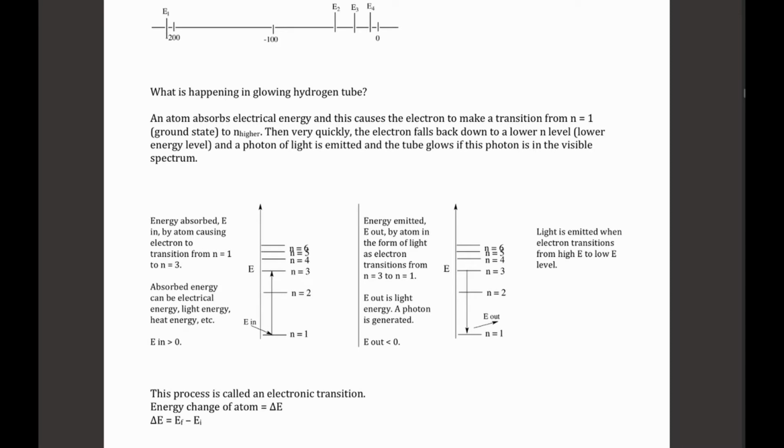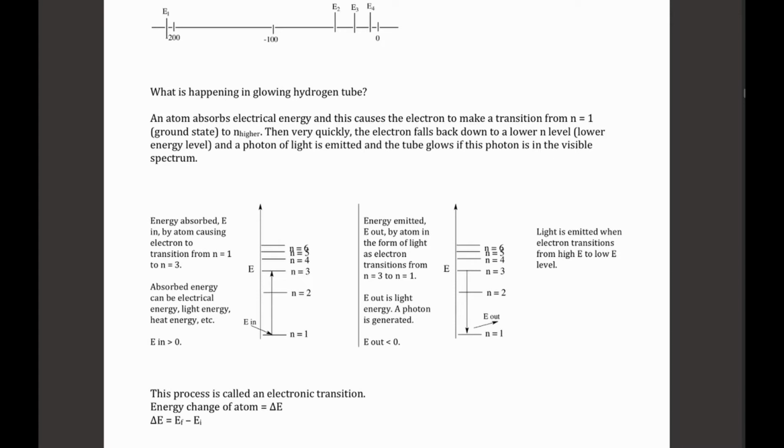If we have the electron in the ground state, n equals 1, and we give it some energy that I'm calling here energy in, energy absorbed, then it moves the electron from n equals 1 up to n equals 3 in our diagram. That's called a transition. So the electron is now up in this excited state, as we call it.